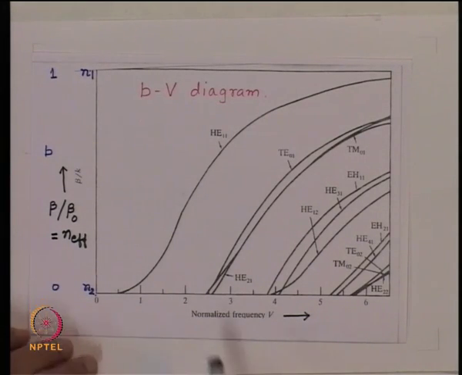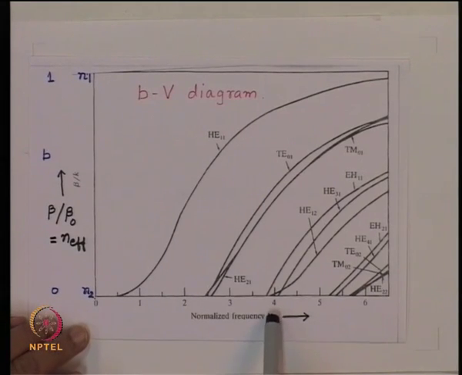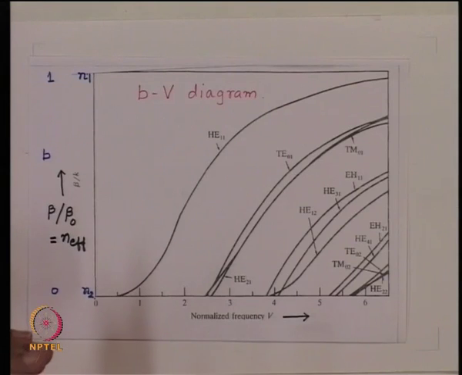And we found that the V number, which is the combination of the refractive index of core, refractive index of cladding and the size of core, together essentially decide the propagation characteristic. Individual parameters N1, N2 or a do not play a role in deciding the propagation characteristics.